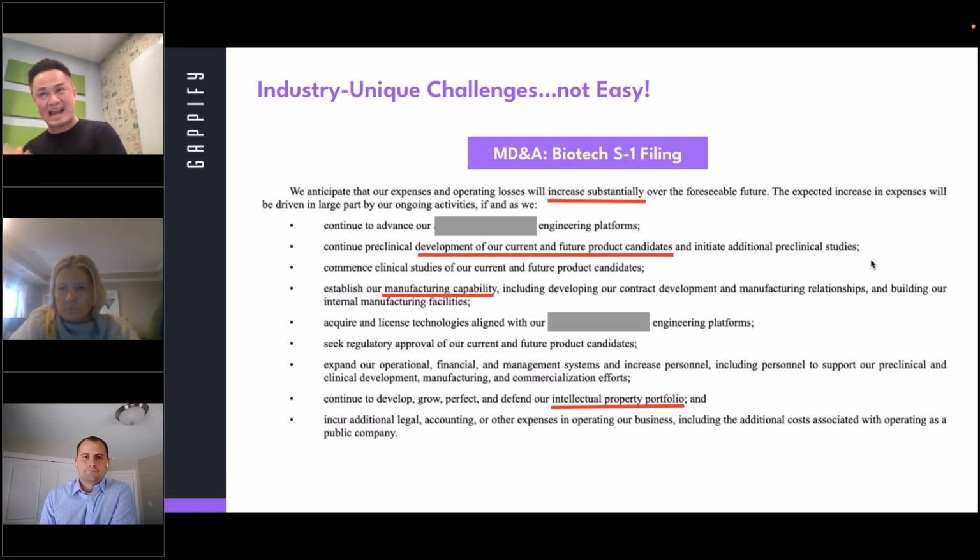You contrast that with something like SaaS, so we're a SaaS business. When you look at our spend profile, it's definitely got fewer layers than what you deal with in the biotech and life sciences space. In B2B SaaS specifically, most of our expenses are in headcount. Sure, we'll have G&A expenses, legal, accounting, and so on. And sure, we'll have Amazon or AWS and all types of technical charges.